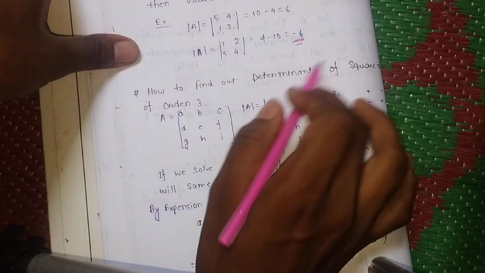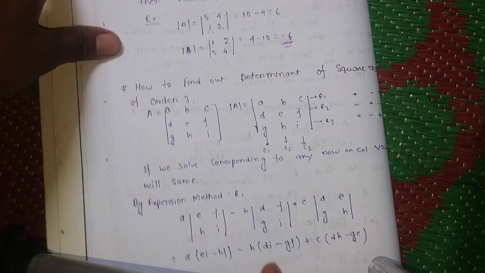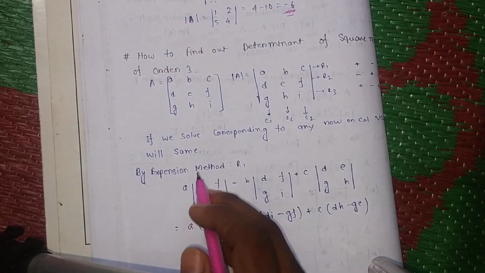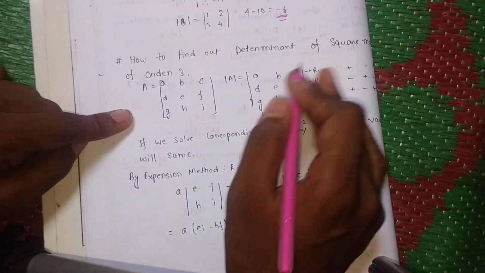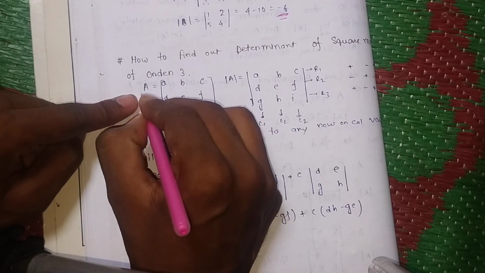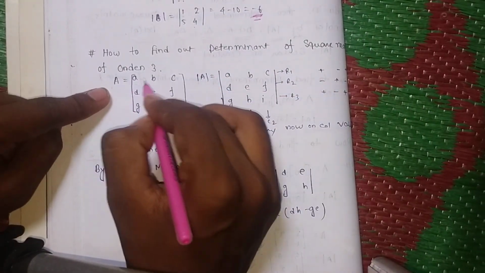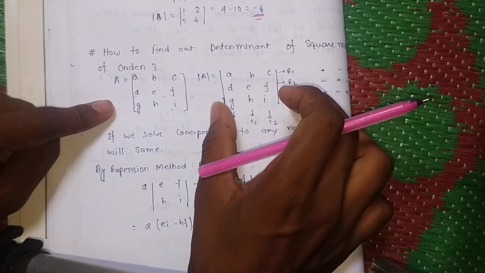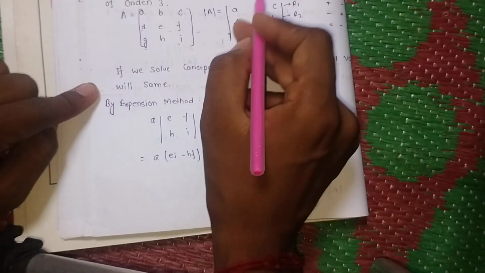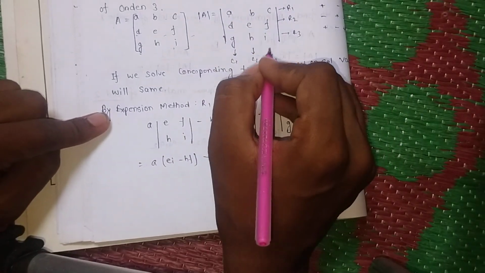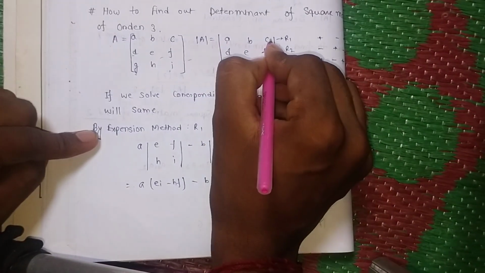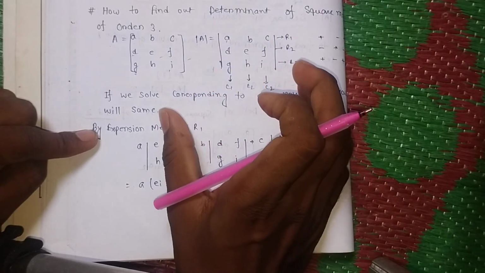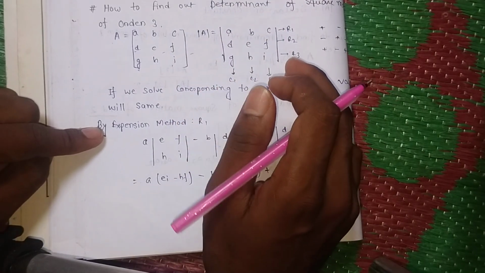Next, how to find the determinant of a square matrix of order 3? Similarly, the determinant of A equals the determinant of the matrix with entries a, b, c, d, e, f, g, h, i. You can determine it by any of the first row, second row, third row, or first column, second column, third column. You can take any one and the value will be the same.